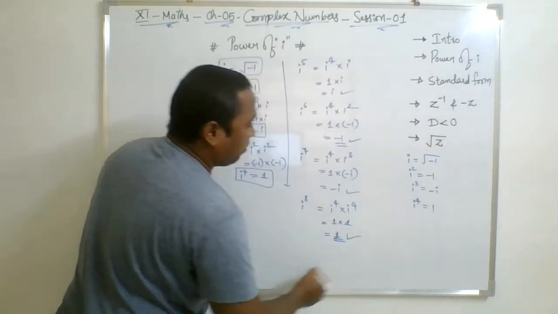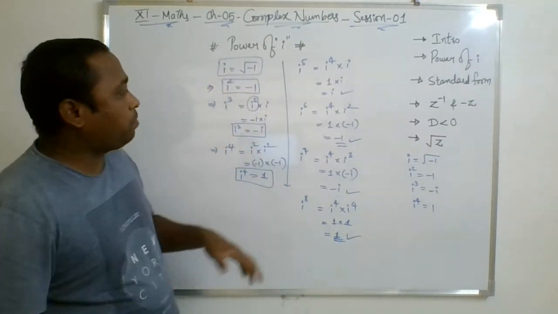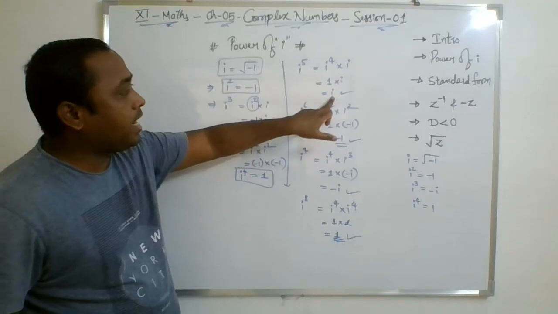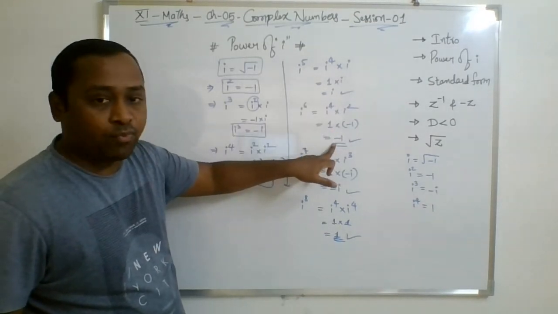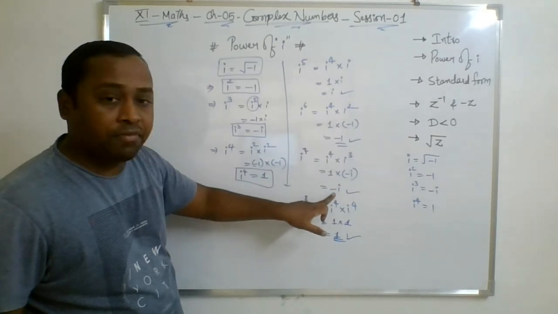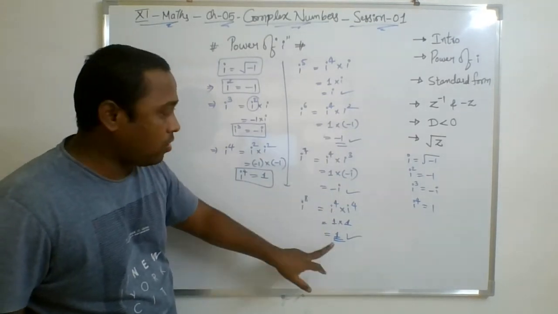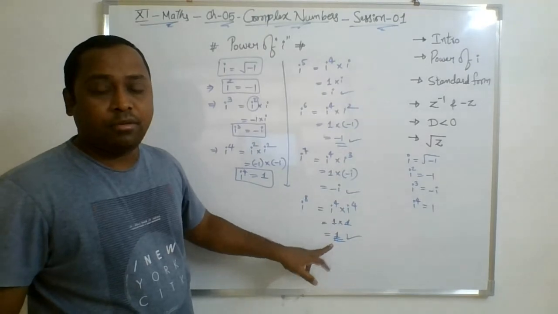If you observe the values of these powers, you either end with i, or minus 1, or minus i, or 1.